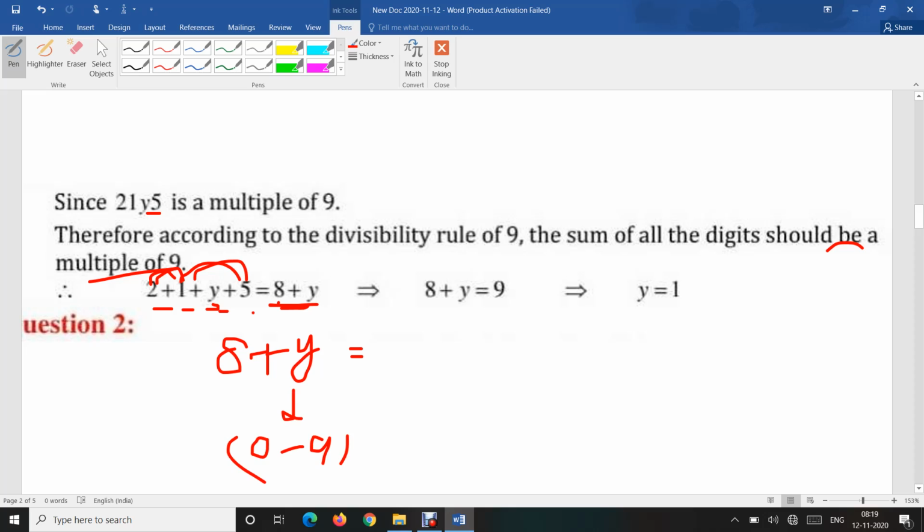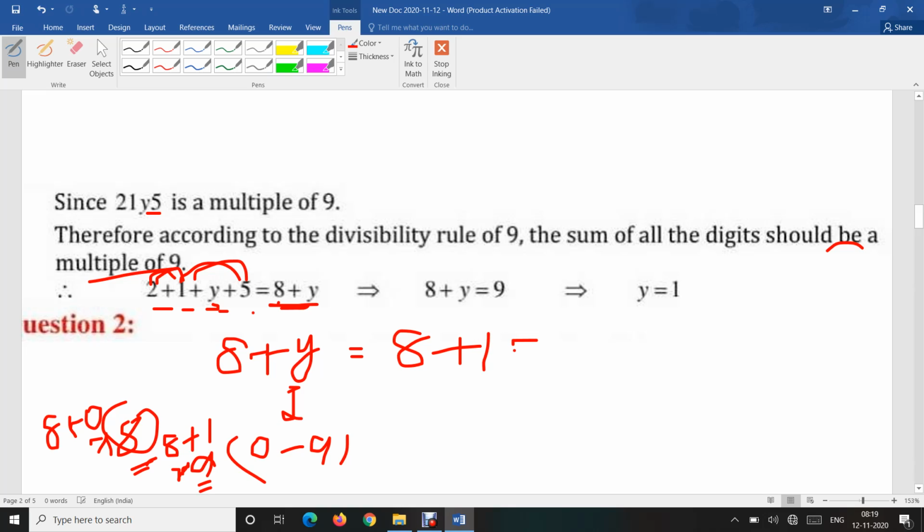So let's try. First of all, we will put 0 at the place of y. If we put 0 at the place of y, then we get 8, which is not a multiple of 9. After that, put 1 at the place of y. If we put 1 at the place of y, then we get 8 plus 1, which is 9, a multiple of 9.